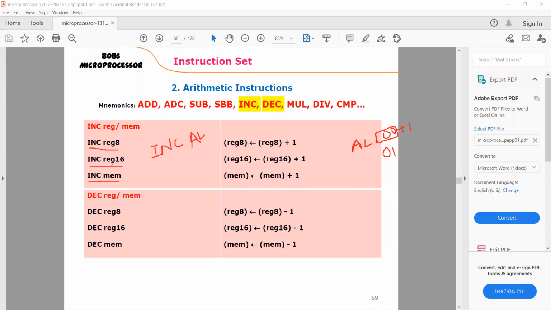Similarly, increment register 16 means here we have to use a 16-bit register. A 16-bit register means you can go with AX.